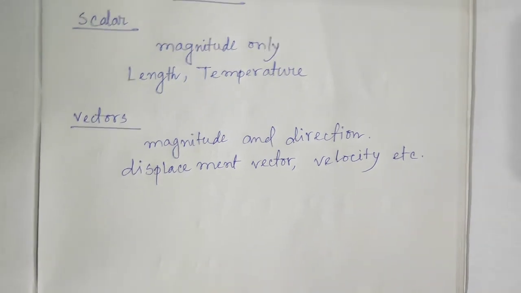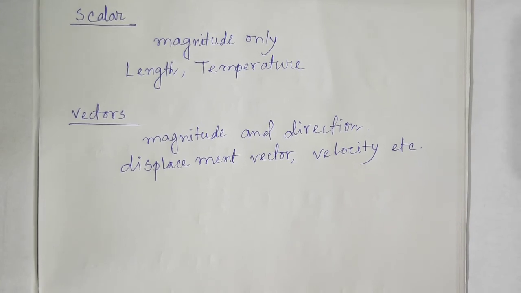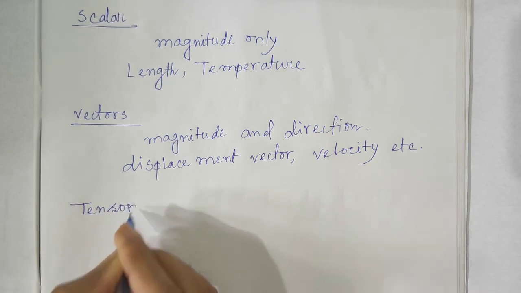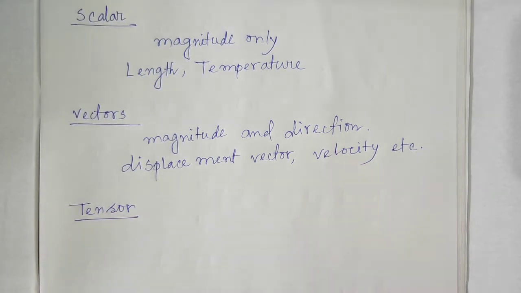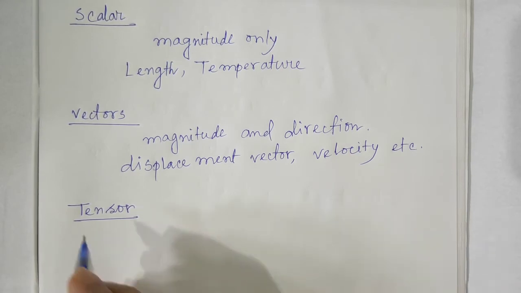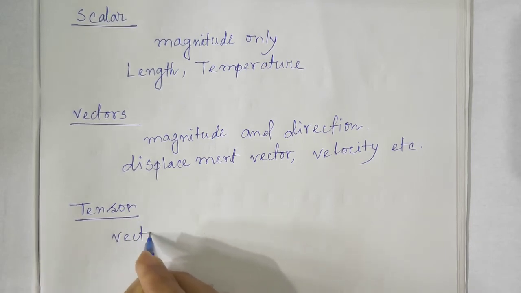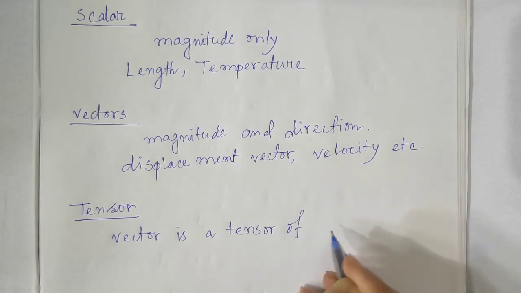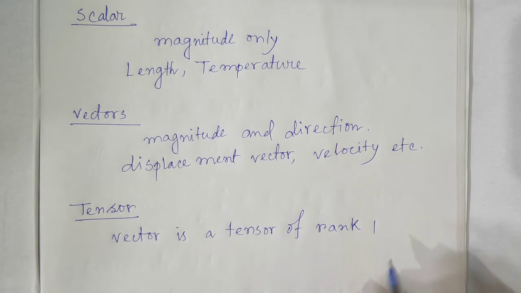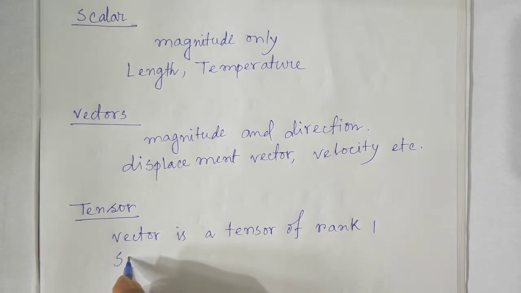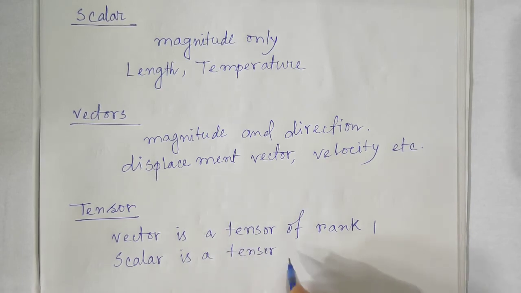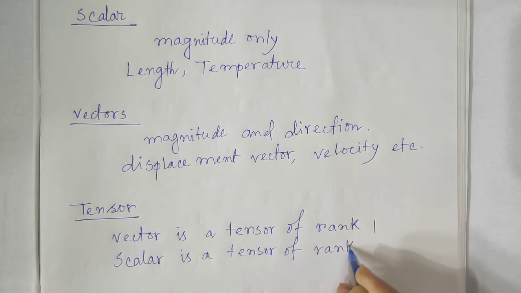Now, when we study the theory of relativity, we study a quantity that is called the tensor. And by the tensor, we can describe the vector and the scalar quantities as well. In the tensor form, a vector is a tensor of rank 1, and a scalar is a tensor of rank 0.